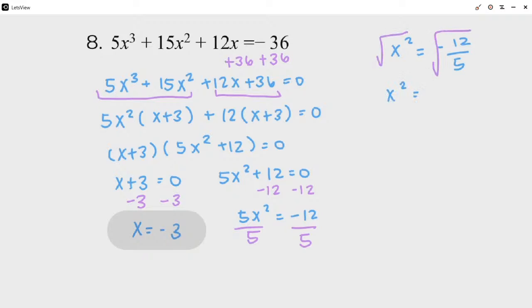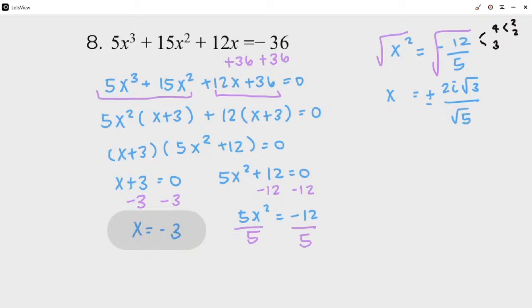So 12 will break up into 4 and 3, and 4 breaks up into 2 and 2. So there's a pair of 2's that can come out and a 3 that will stay inside the square root, and the negative will become an i. So this will equal plus minus 2i rad 3, so that's what the negative 12 is, over rad 5.